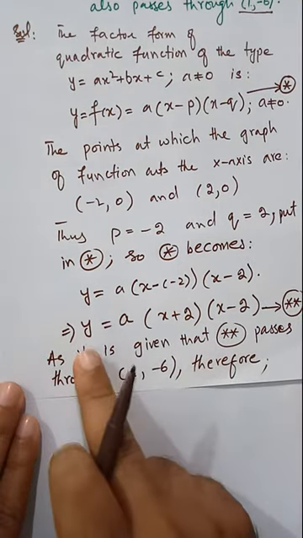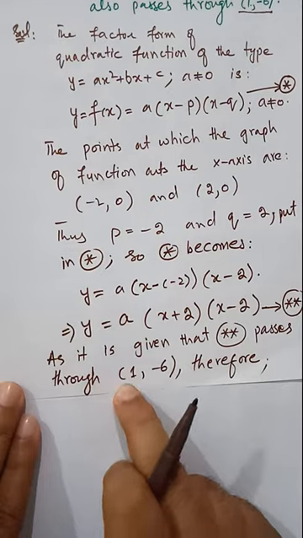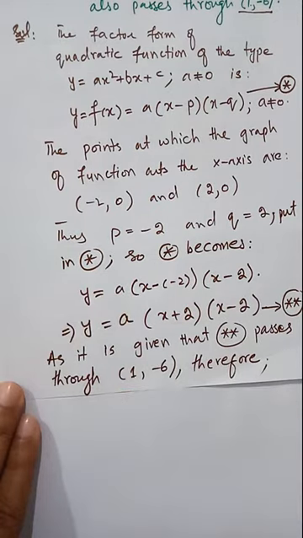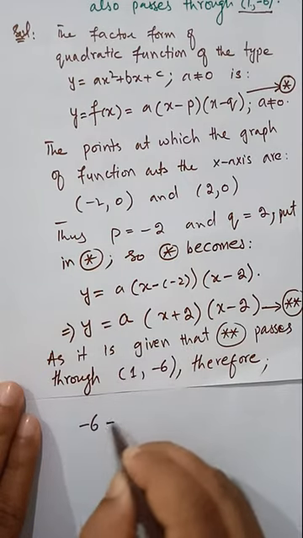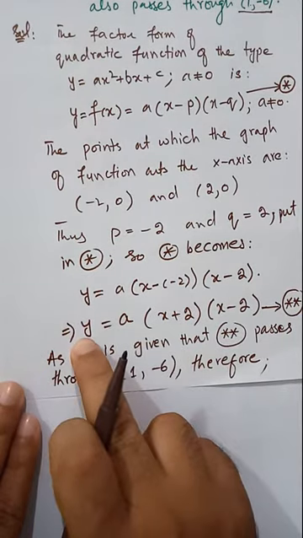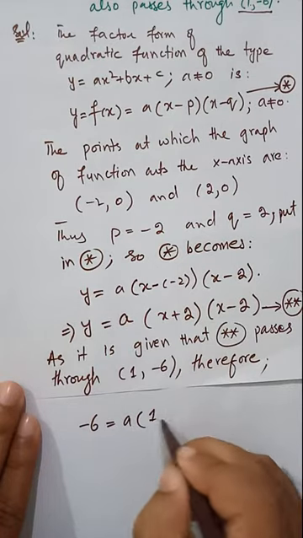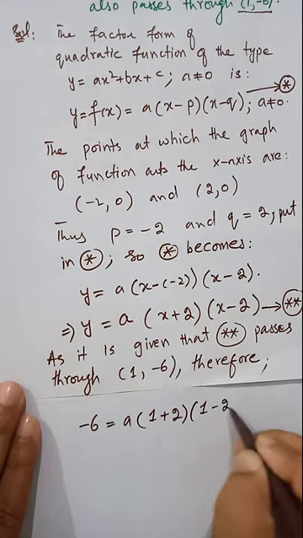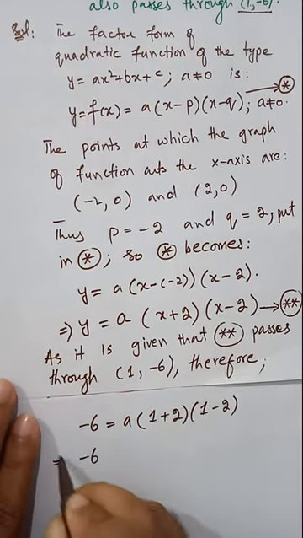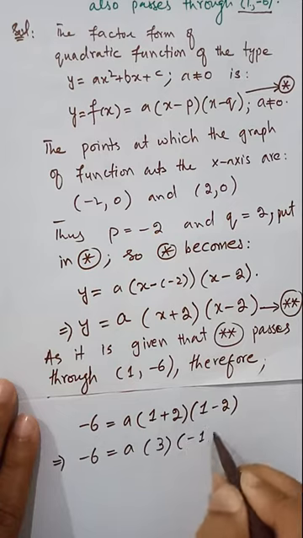So when you plug y equal to -6 and x equal to 1, left hand side and right hand side must be equal. So from that you get the value of a. Therefore -6, in place of y I am putting -6. A as it is, in place of x we are plugging 1. So this is -6, a times 3, this is -1.